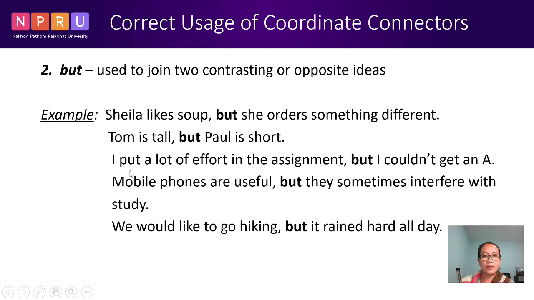Next: I put a lot of effort in the assignment, but I couldn't get an A. Next: mobile phones are useful, but they sometimes interfere with study. And the last example: we would like to go hiking, but it rained hard all day. So remember, but is used to join two contrasting or opposite ideas. That's the use of the coordinate connector but.